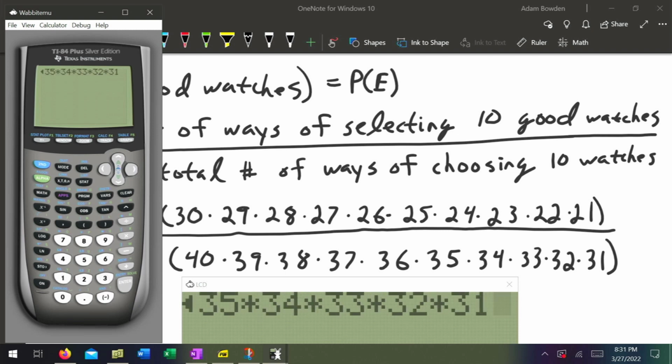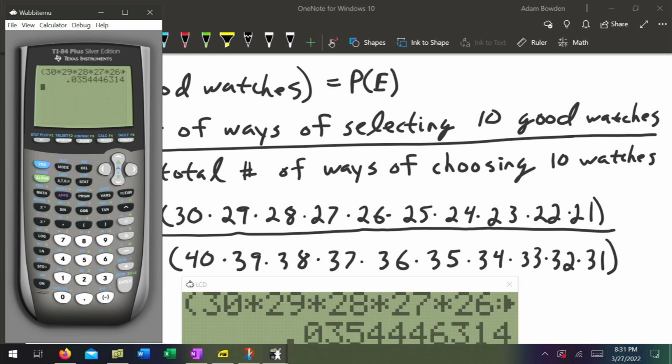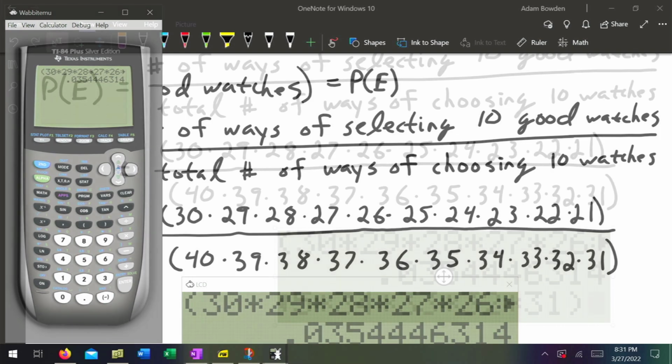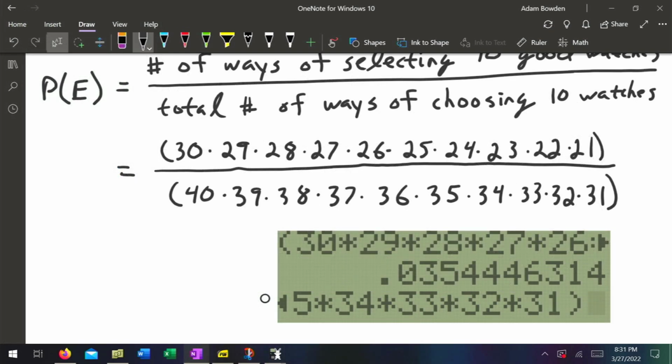Once you get all those numbers put in, close that up with a parenthesis, hit enter, and we should have our probability number now for it. Okay, so let's round that off here, and let's round it to 0.0354.